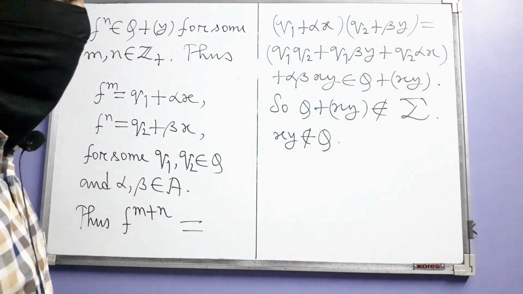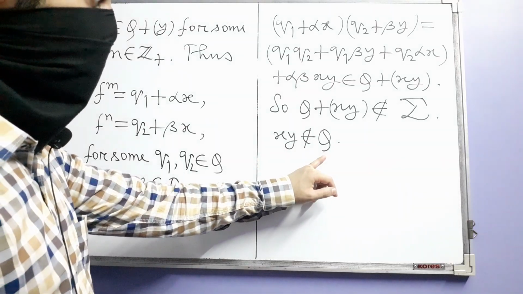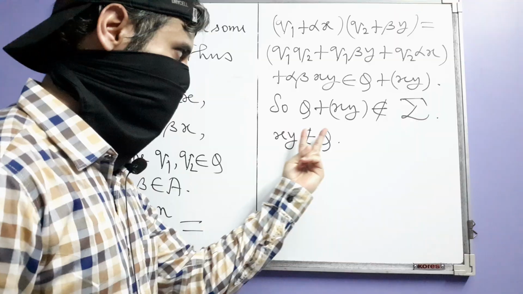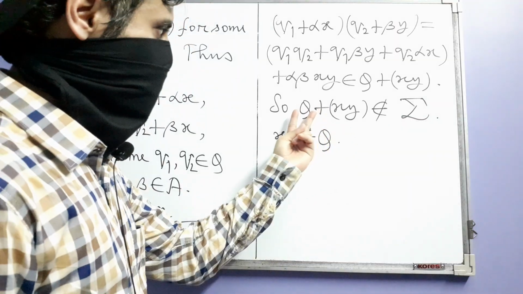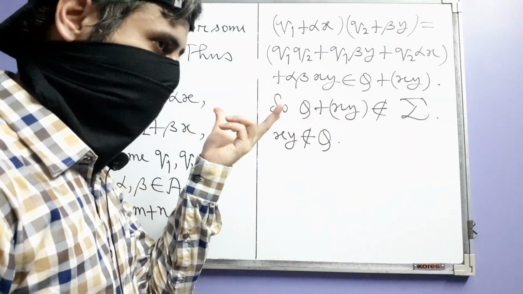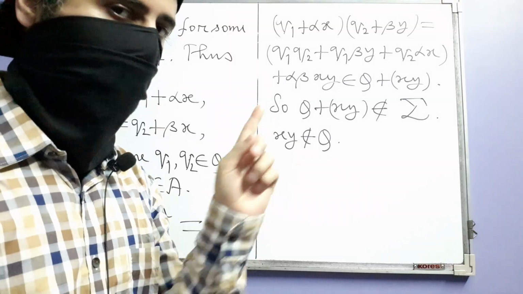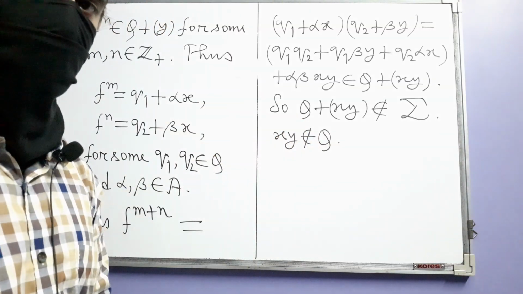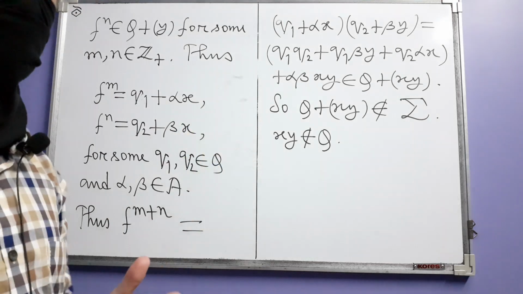Why? Because if xy belongs to Q, then the principal ideal generated by xy will be a subset of Q, and so the sum of Q and that will actually be equal to Q. Q, however, is in sigma, so that is why this cannot be in Q. But that's what we wanted to show, right?